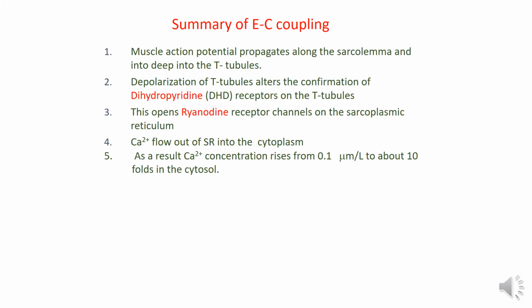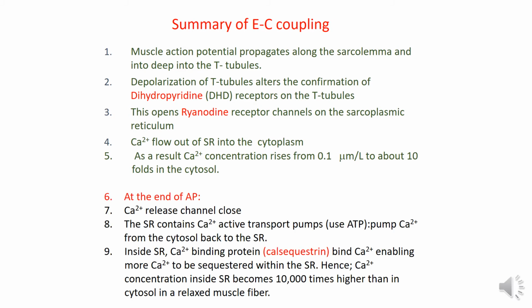Calcium flows out from the sarcoplasmic reticulum, increasing the calcium concentration in the cytoplasm. So we have changed the electrical events, which is a depolarization wave that spreads along the sarcolemma and the T-tubules, into the release of calcium. And once the calcium is released, we start the mechanism of skeletal muscle contraction.